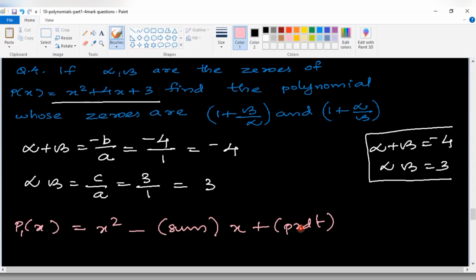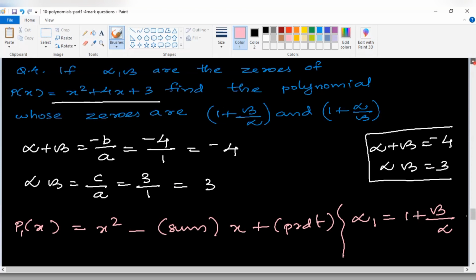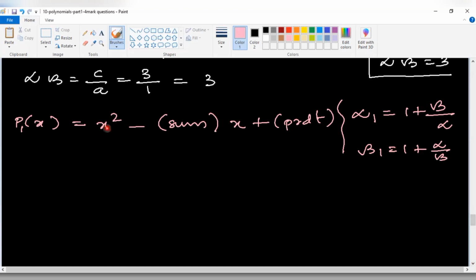That is what I have mentioned here. And zeros are given as, let us take alpha 1 as 1 plus beta by alpha, and beta 1 as 1 plus alpha by beta. Using this, we have to find the polynomial. So in place of sum and product, let us write it in terms of alpha 1 and beta 1.